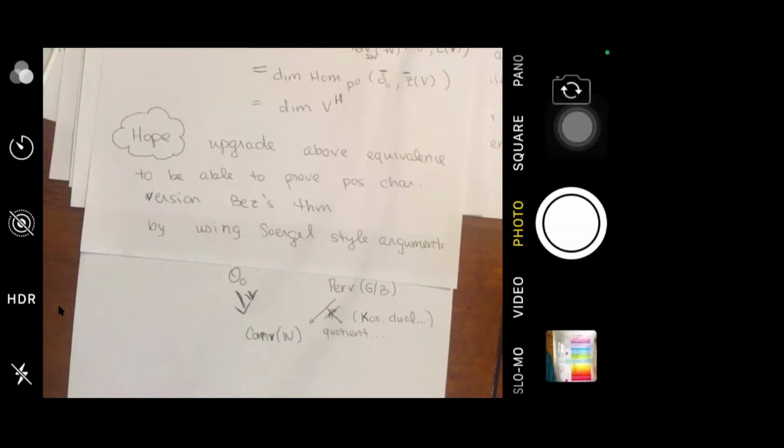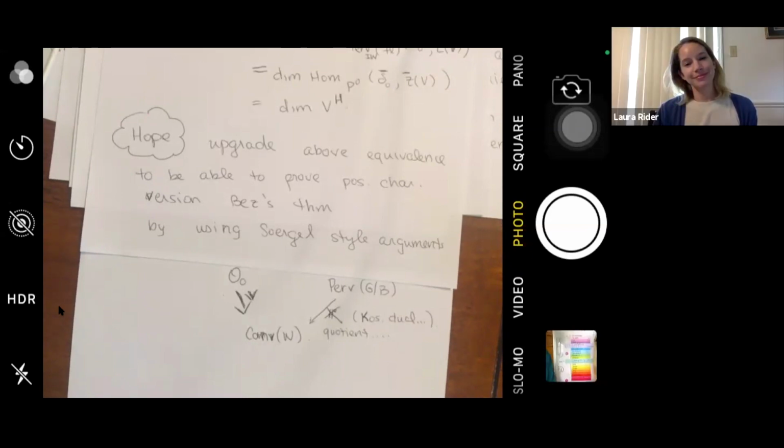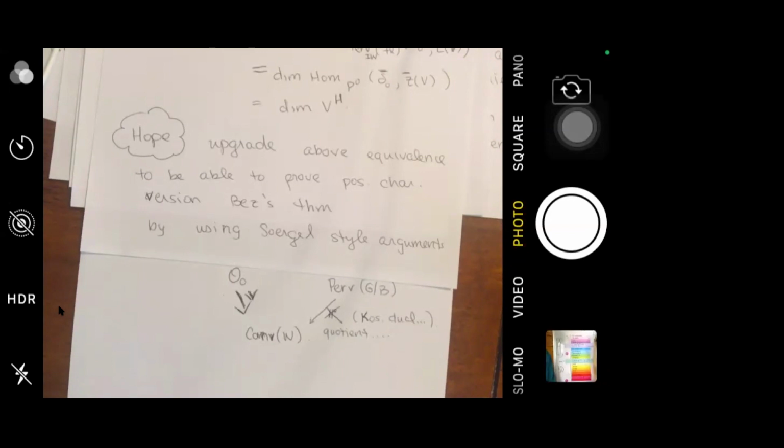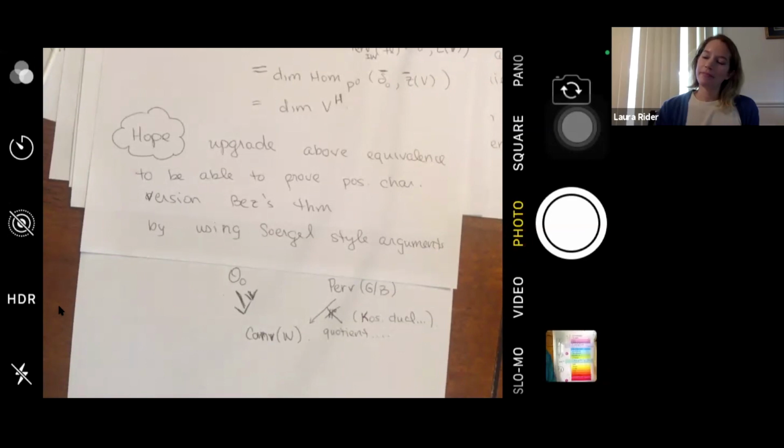But if you're in characteristic p, you can deal with actual Harish-Chandra bimodules over the universal enveloping algebra. And so one could hope to have an equivalence of this kind. Yeah, I'm not sure if I can say anything about that.